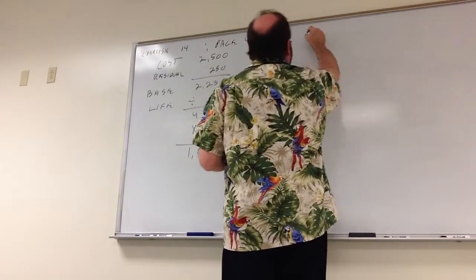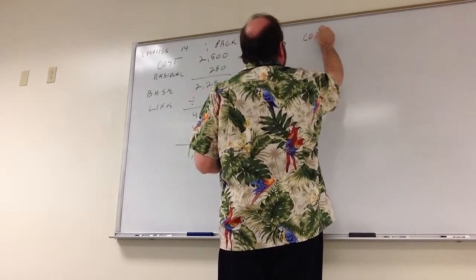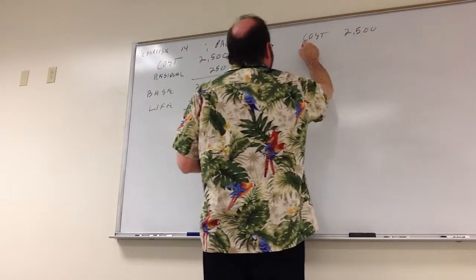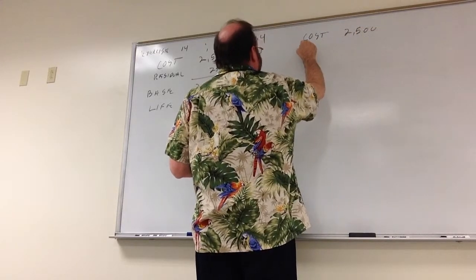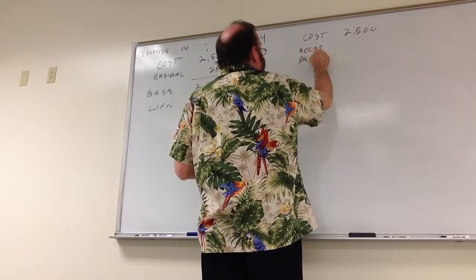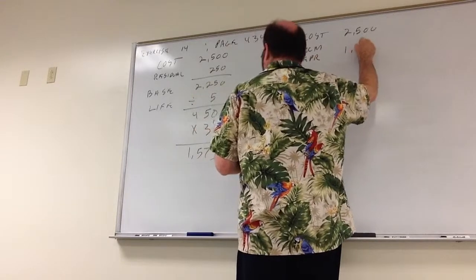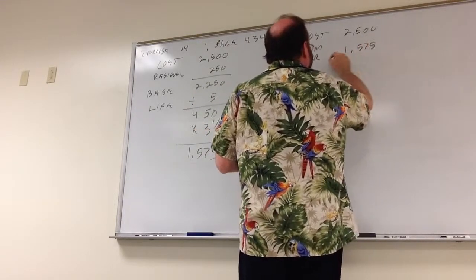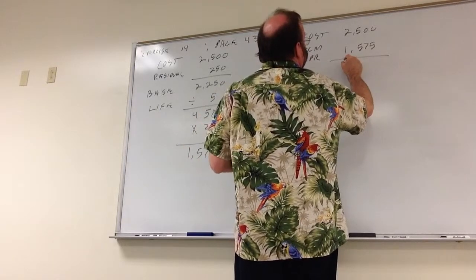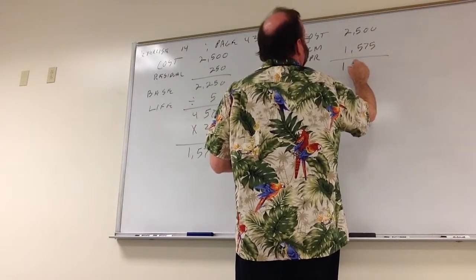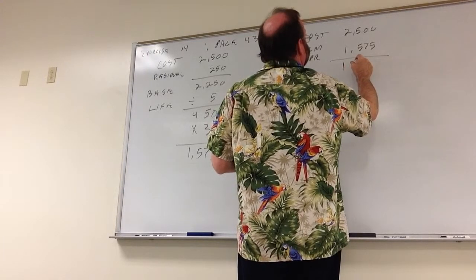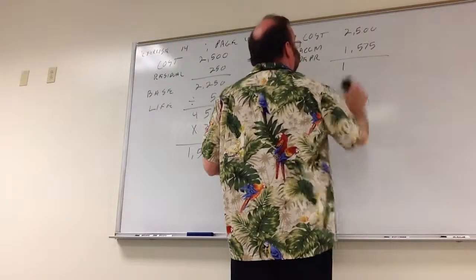So if we had an original cost of 2,500 and accumulated depreciation of 1,575, we have a book value of 925.